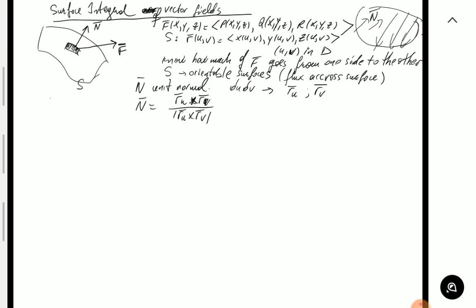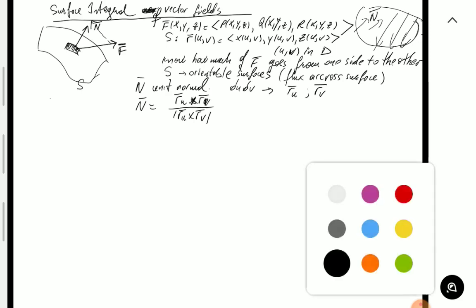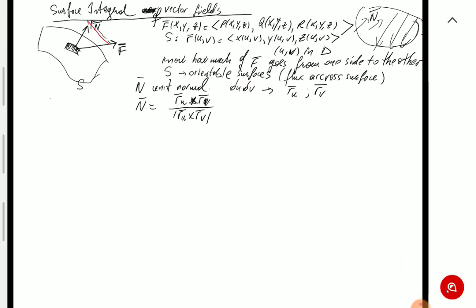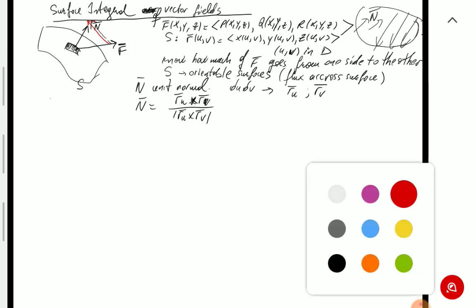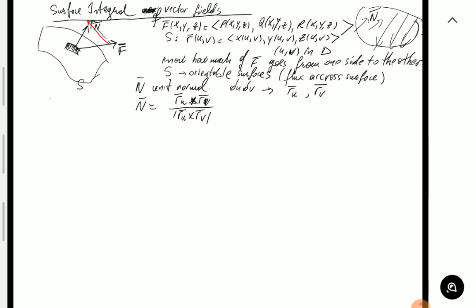So in other words, what I want to integrate is the projection of that vector field along the unit normal, let me do this with the red color here. If the angle between these two vectors is theta, what I want to integrate is the magnitude of F cosine of theta, right?